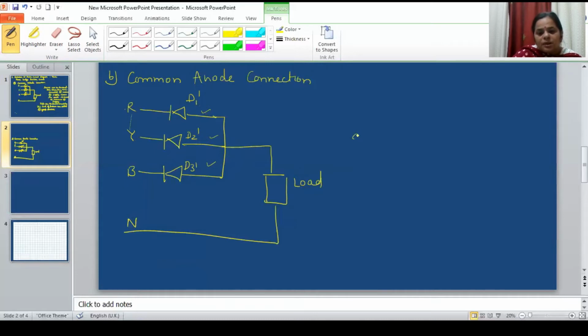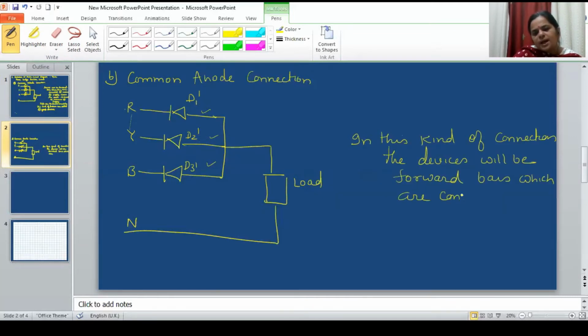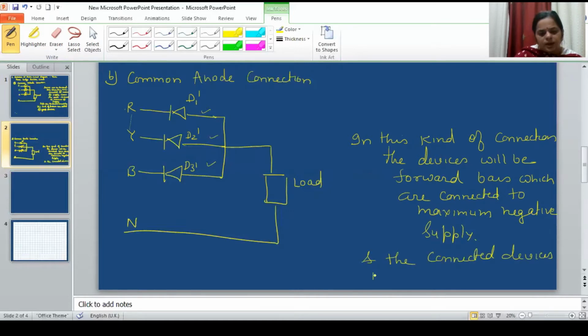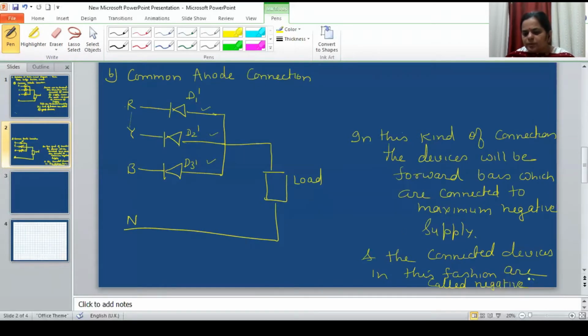So in this kind of connection, the devices connected to the maximum negative supply will be forward biased, and the devices connected in this fashion are called negative group devices.